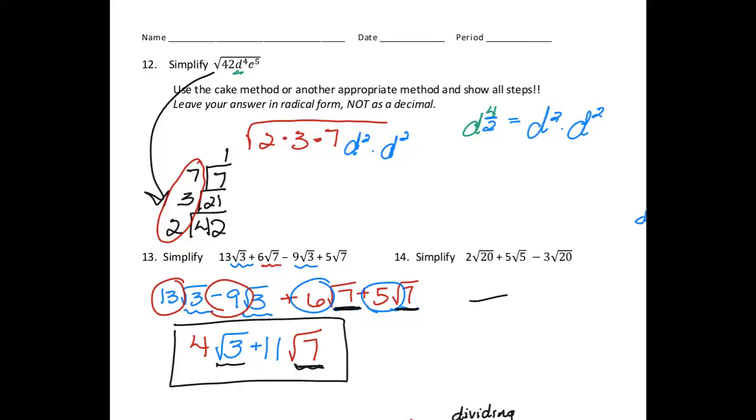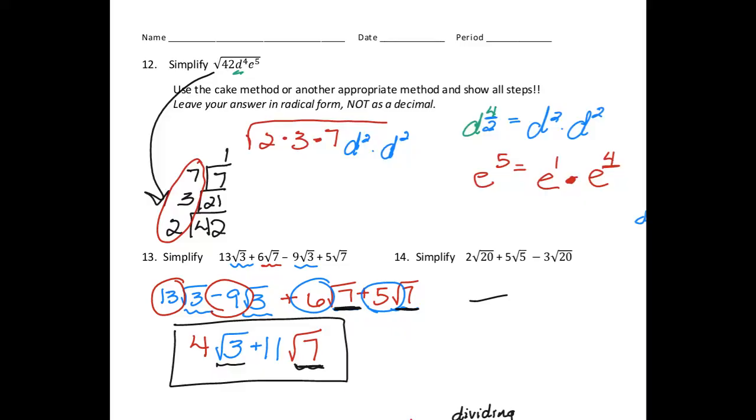And then I have e to the 5th, but I can't divide that by 2 because it's odd, so I'm going to take 1 away and make that e to the 1st times e to the, do you know? What's 5 minus 1? 4.